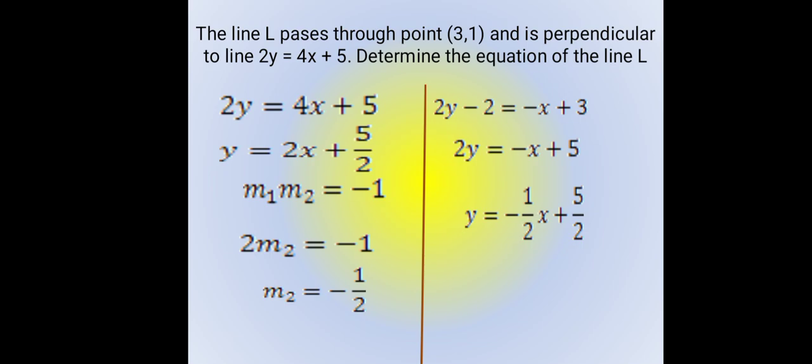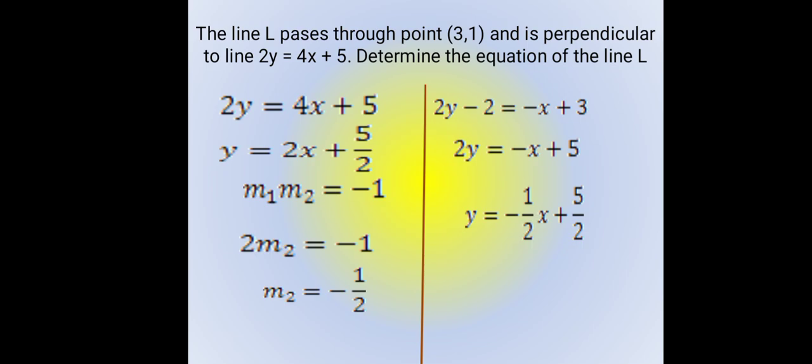The line L passes through the point (3, 1) and is perpendicular to the line 2y = 4x + 5. Determine the equation of line L. Now we have our line 2y = 4x + 5. Let us write it in the form y = mx + c.